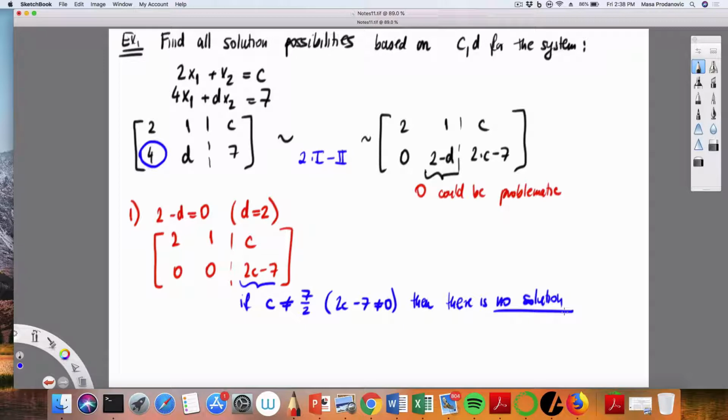Okay. I'm going to call this case 1A. 1B is that C is actually equal to 7 over 2. Then my system is 2, 1, 7 over 2, and 0, 0, 0.